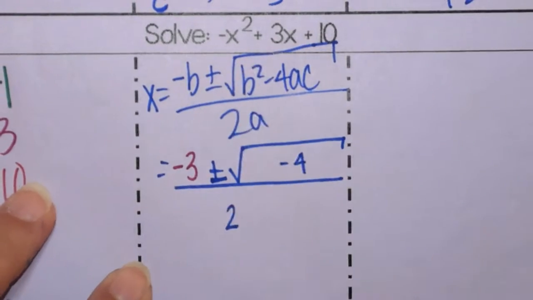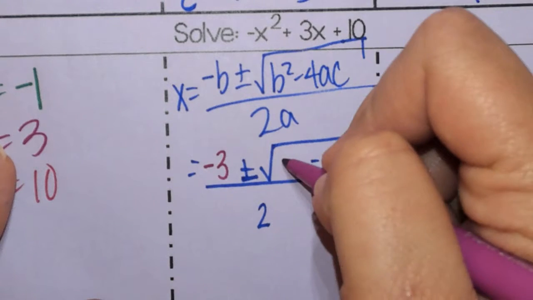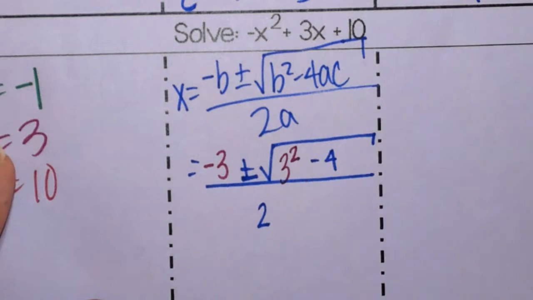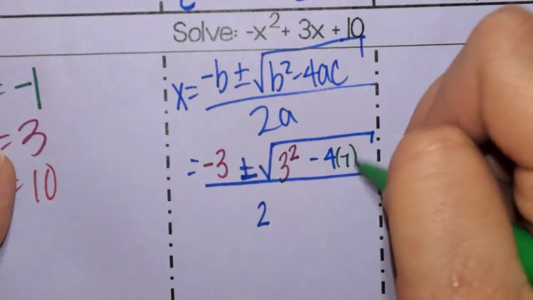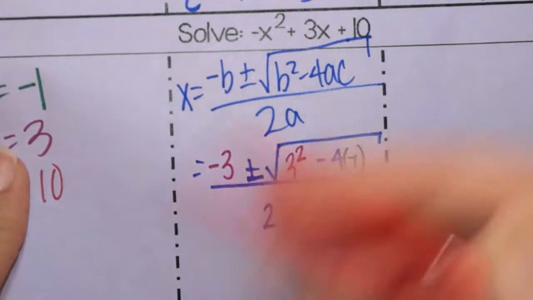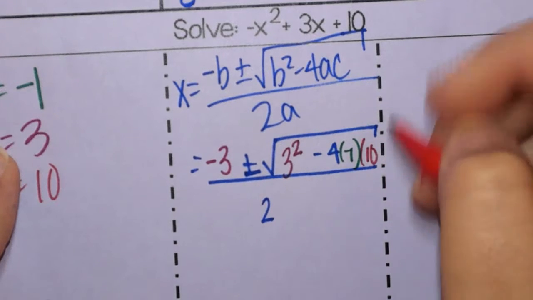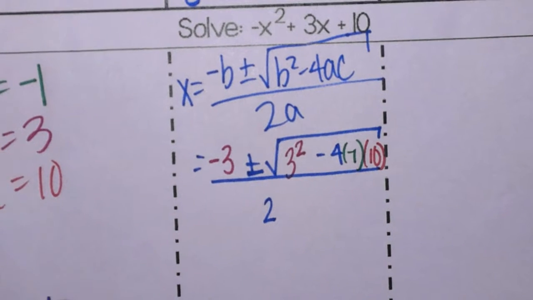Alright, and it's b squared, so that would be 3 squared, minus 4 times, what's a? Negative 1. And what's c? All divided by 2 times what? Negative 1.